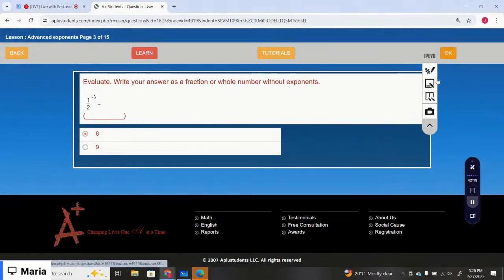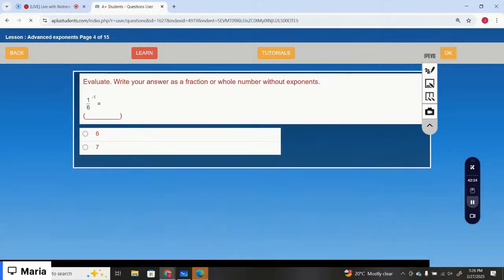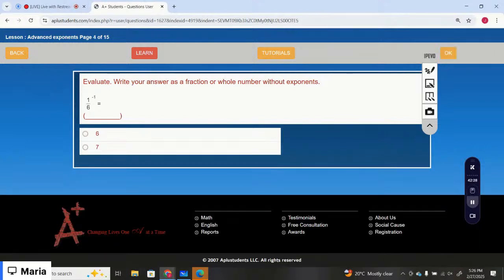The correct option is 8. Option number 1 is the correct option. Evaluate 1 over 6 exponent negative 1.